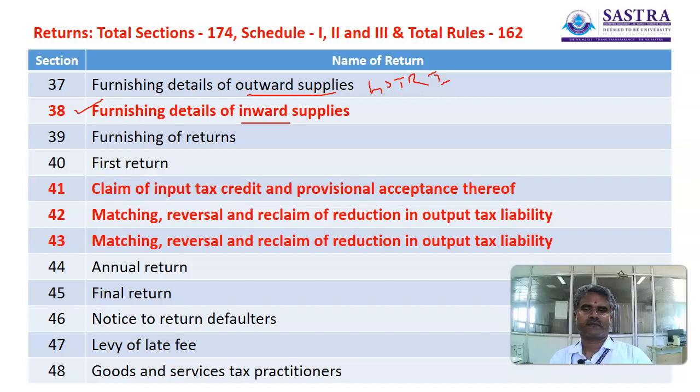Simply you have to upload the details about the quantity, rate, total amount. Suppose you have any returns, after deducting returns, what will be the net amount of purchase.